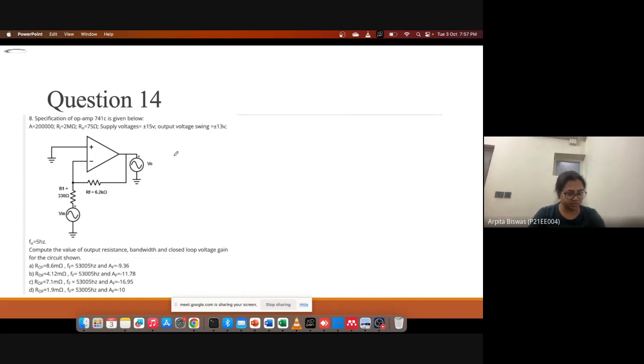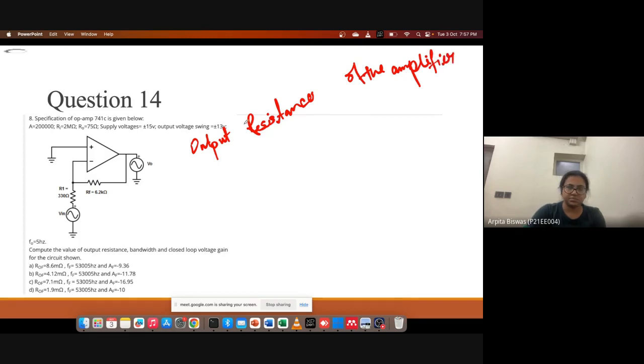Okay, start to calculate. So the value of output resistance, ROF equal to R0 by 1 plus A beta.